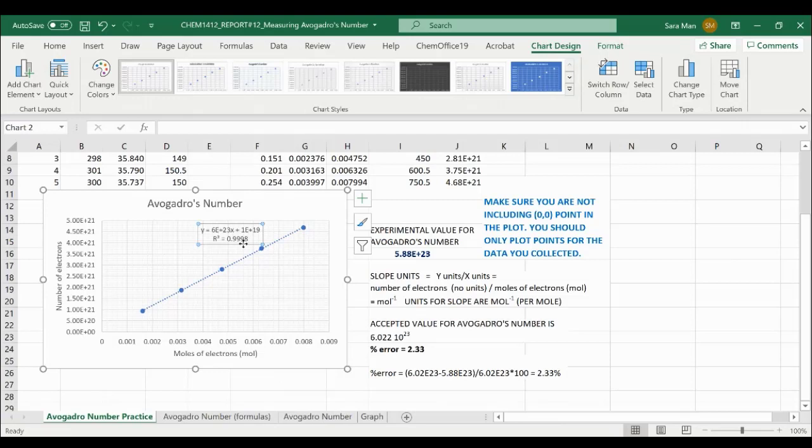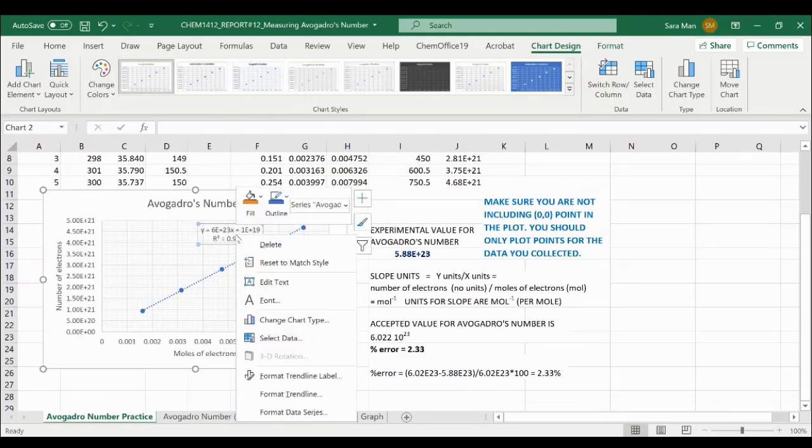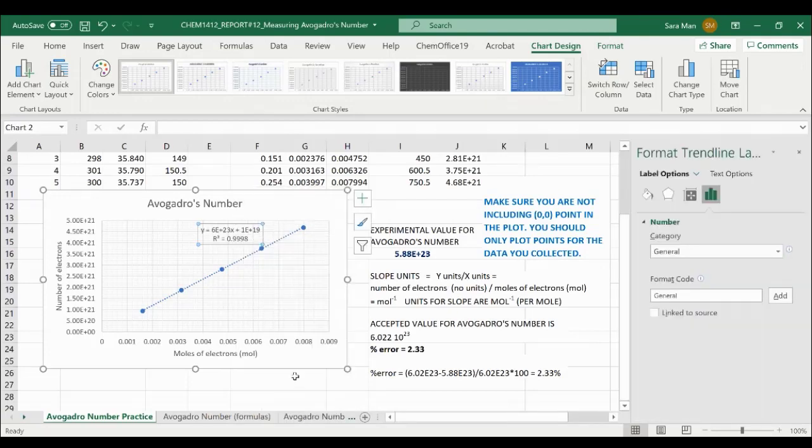But one important thing, the values displayed when you do this should be in scientific notation. But the default setting sets the display to 1 sig fig. So click on that box, right click on the box and select Format Trendline Label.